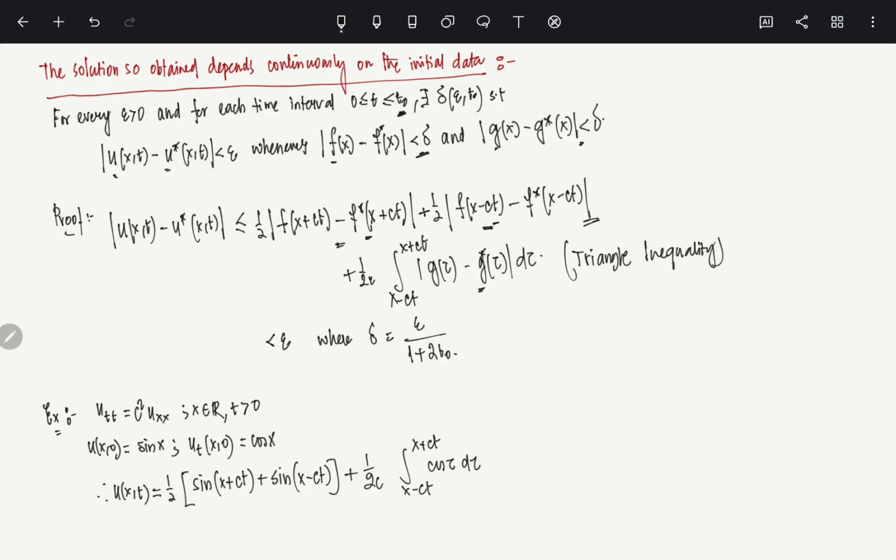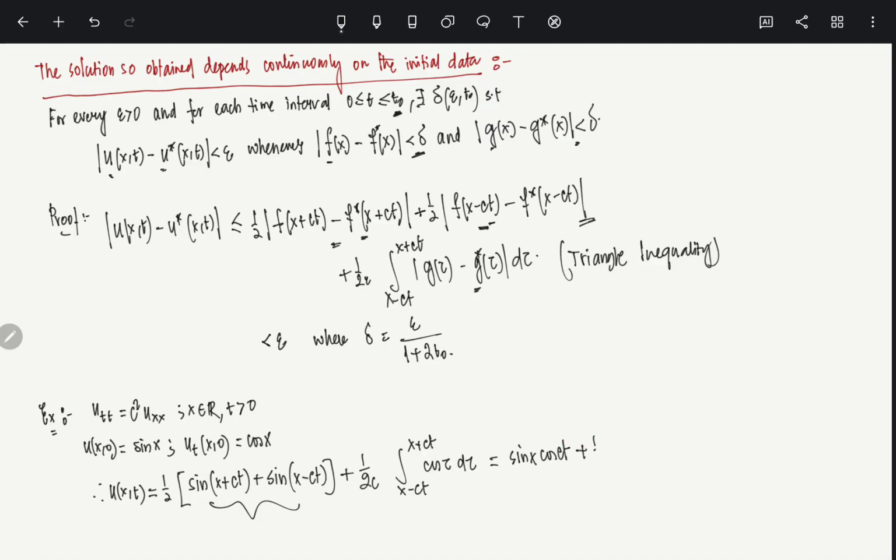Yes, so you just put it in the formula, right? Now if you just calculate from this particular thing, you get sine x cosine ct, and then plus 1 by c times, calculating this integral, what do you get? It is cosine x sine of ct. See, this is very simple. So you don't have to do anything.